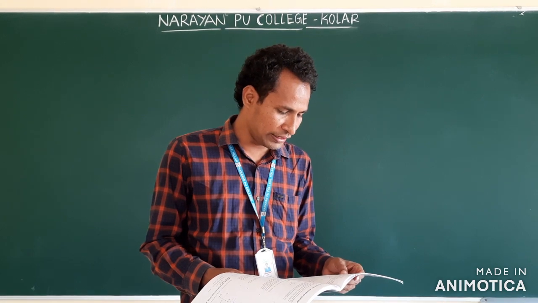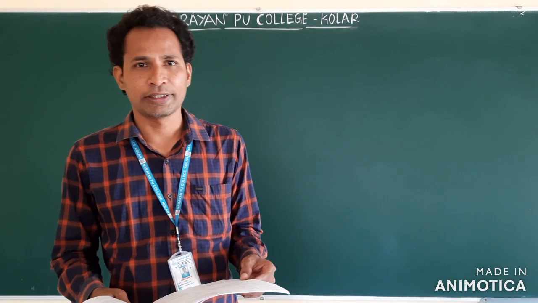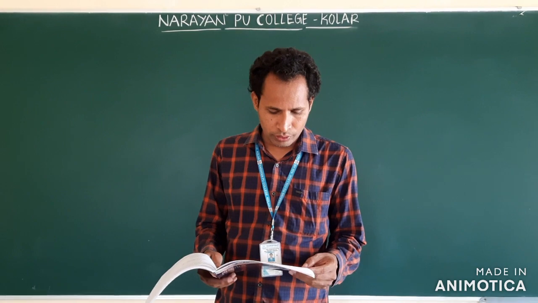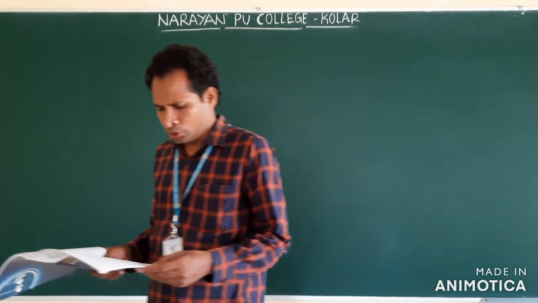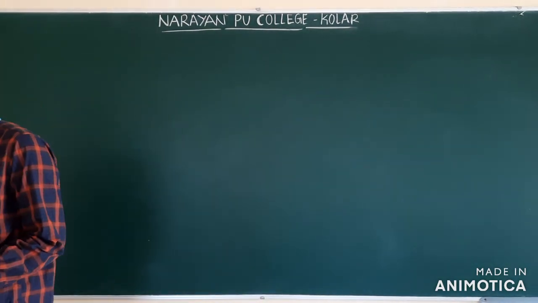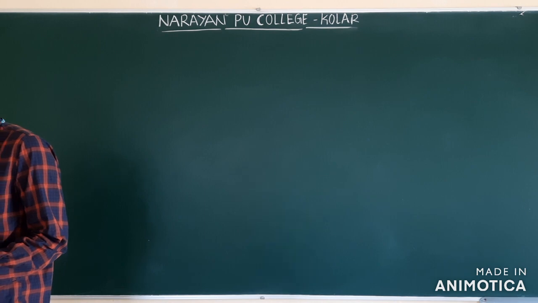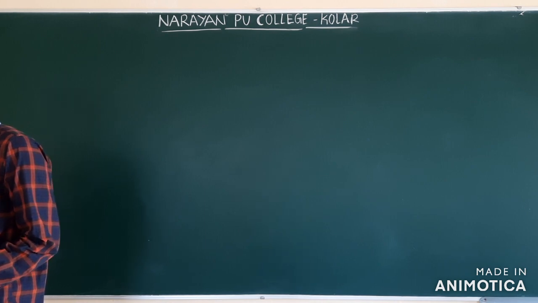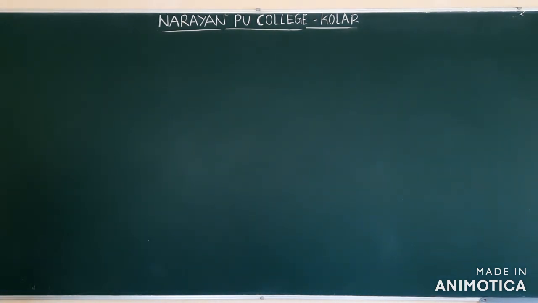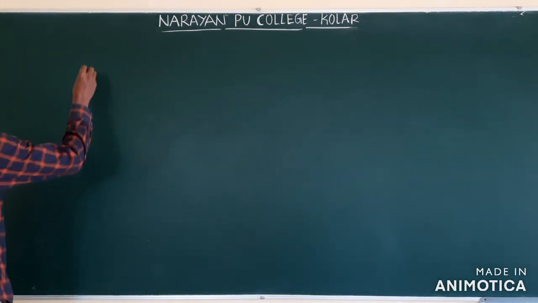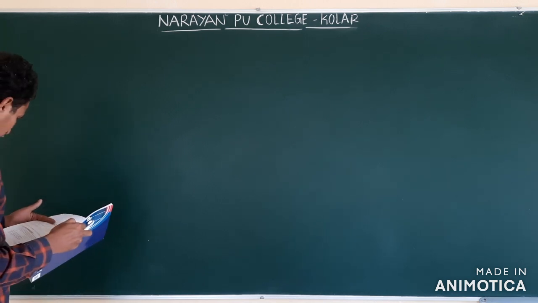The magnetic field at the center of the coil will be. Clear? So, we need to find the magnetic field when it is bent into a number of loops. Clear? So now it is test your knowledge.